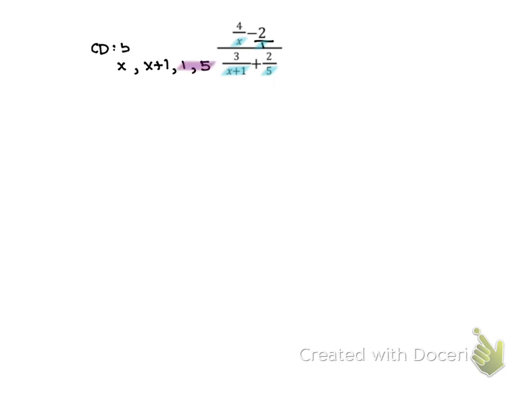So I'm going to put a 5. The x and the x plus 1 are not the exact same thing, so you have to use both of them. I need an x to take care of that x, and then I need an x plus 1 to account for that x plus 1. So this denominator is going to be a little bit more involved. But I'm going to do the exact same thing here. I'm going to take this entire fraction, and I'm going to multiply the top and the bottom by 5x times x plus 1.